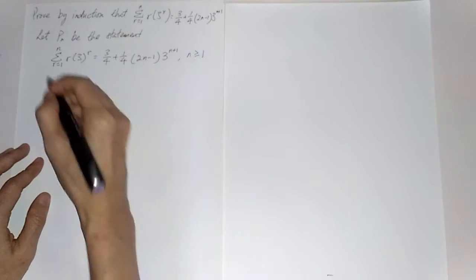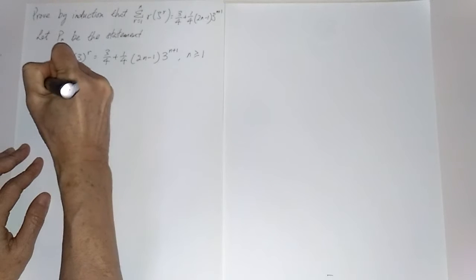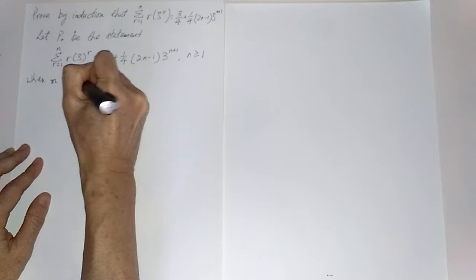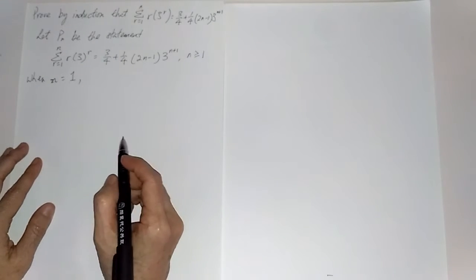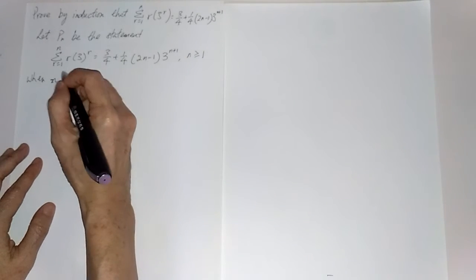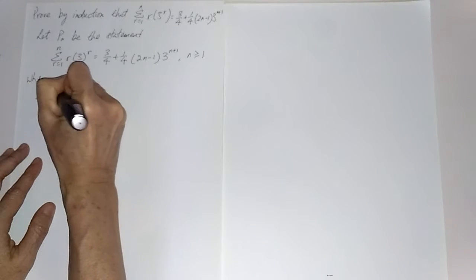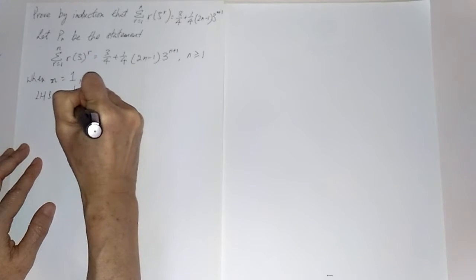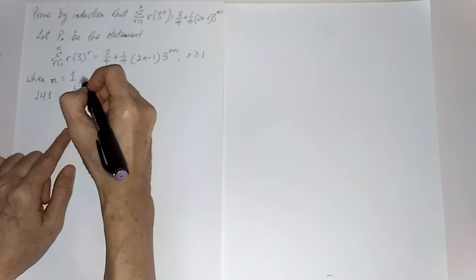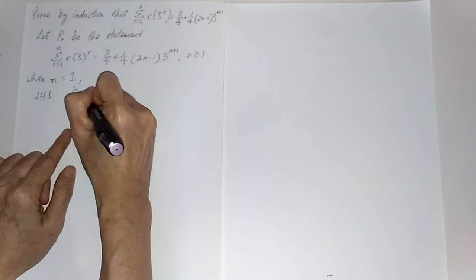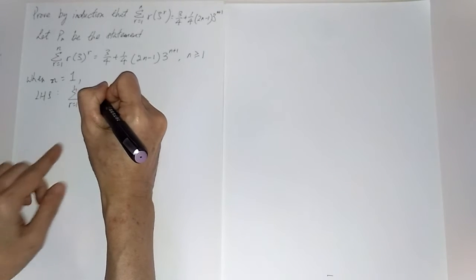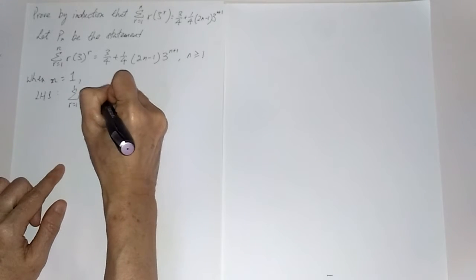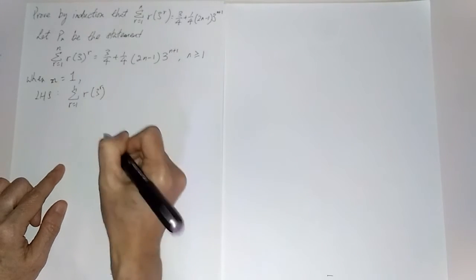And then we proceed with proof by induction. When n equals 1, the left-hand side has n as 1, so r from 1 to 1, r times 3 to the power r.